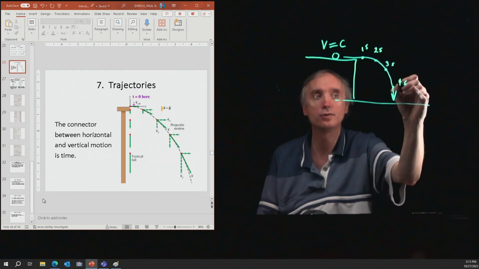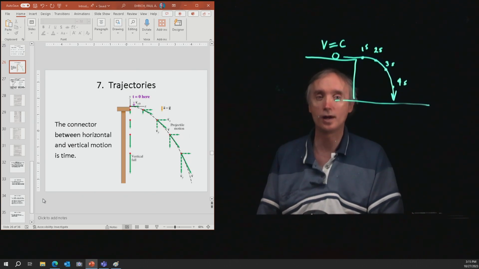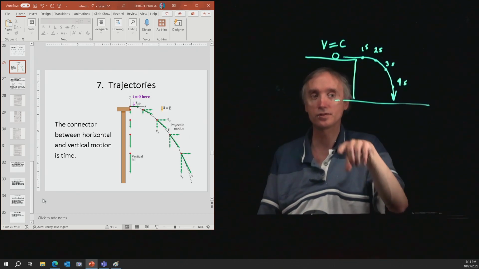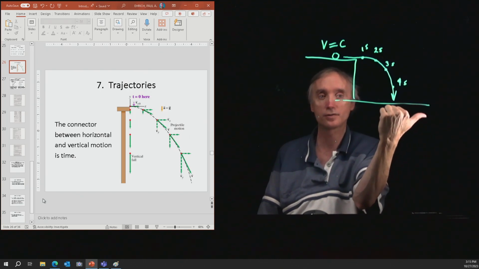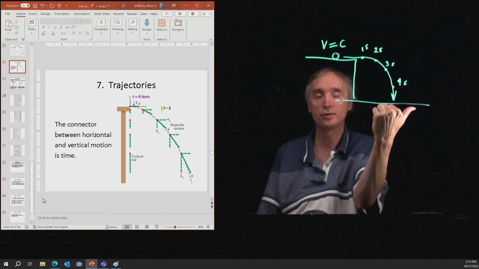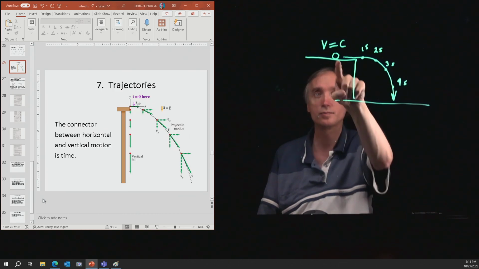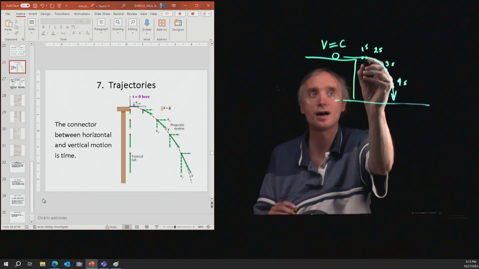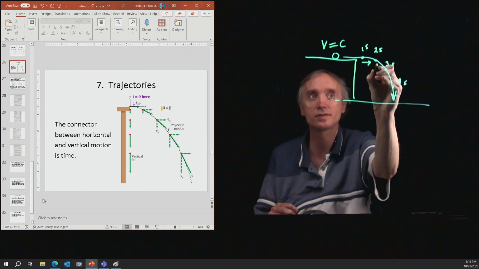So do you notice anything unusual about the sideways velocity? Not the up and down, but just concentrate on what it is doing in the sideways direction. You should notice it's moving at a constant speed. Whatever speed it's got right here, that is the same sideways speed that it has here, and the same sideways speed that it's got there.